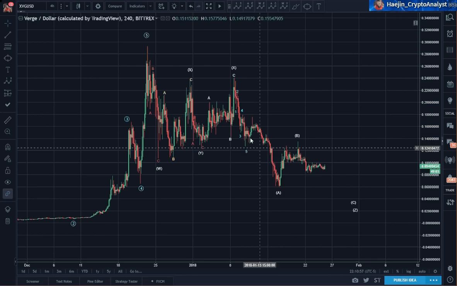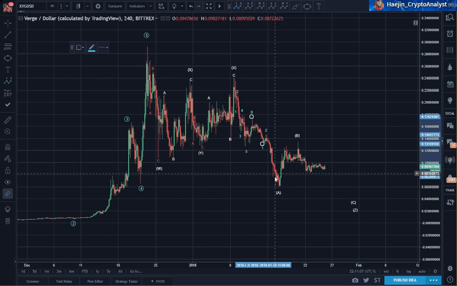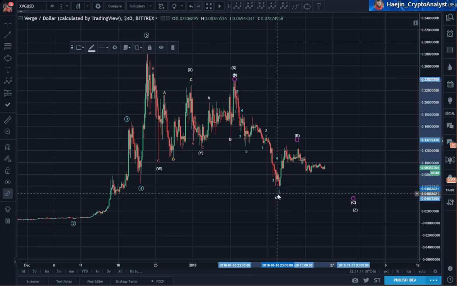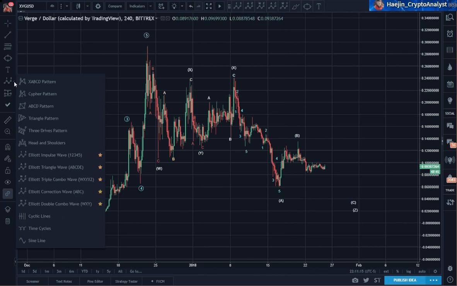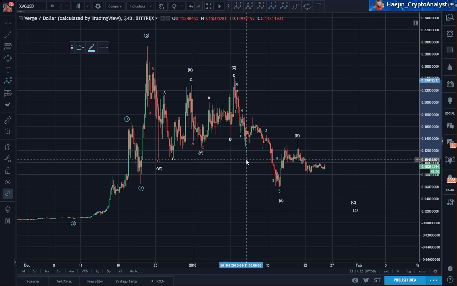And this is an A, B, and then I'm going to get 5 subwaves for C. 1, 2, 3, 4, 5. So that completed an ABC for me, which are the subwaves of this white A. A, B, C.